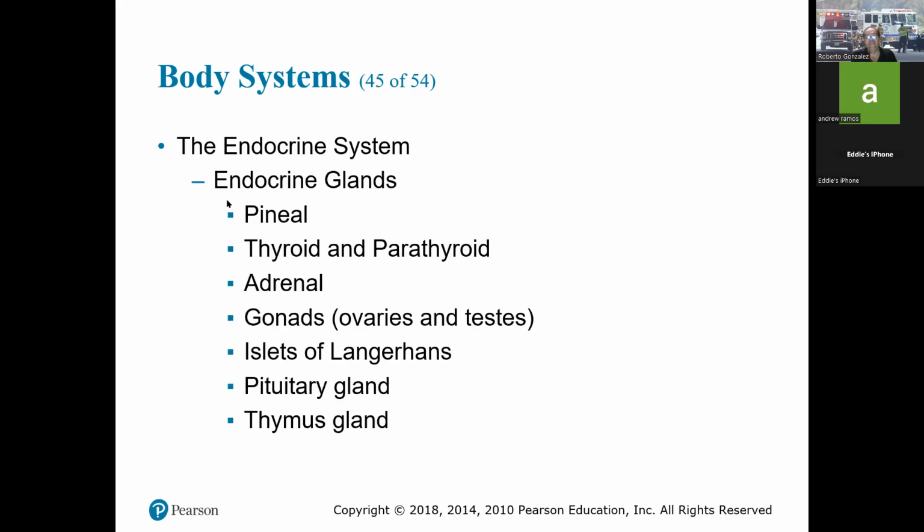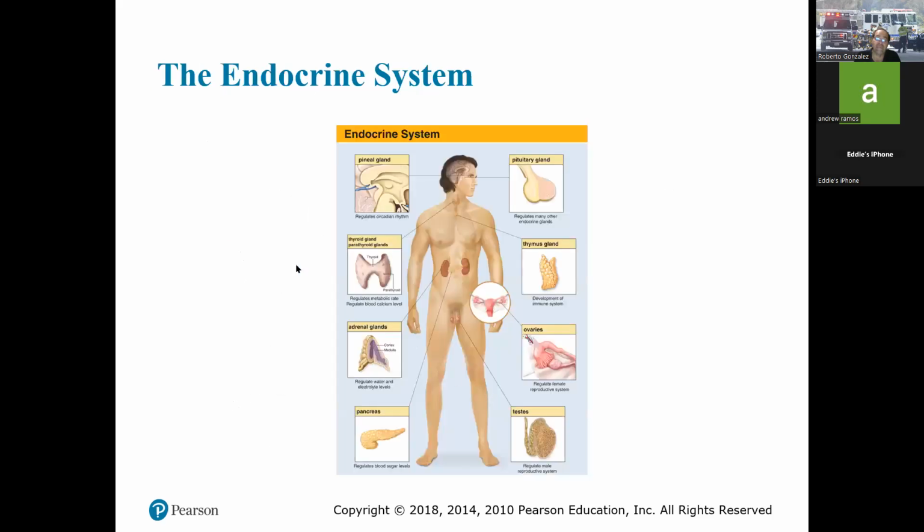Okay, so basically, the endocrine system consists of the pineal gland, the thyroid and parathyroid gland, the adrenal gland, gonads, which basically are your ovaries and testes, islets of Langerhans, pituitary gland, and thymus gland. So right here, the pituitary is divided into the anterior and posterior.